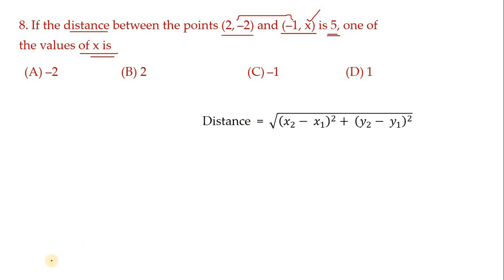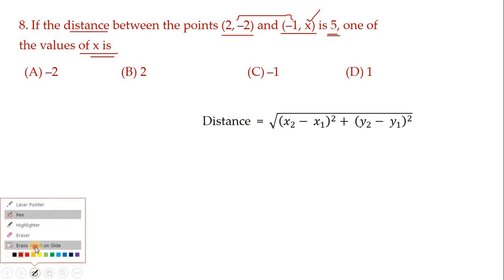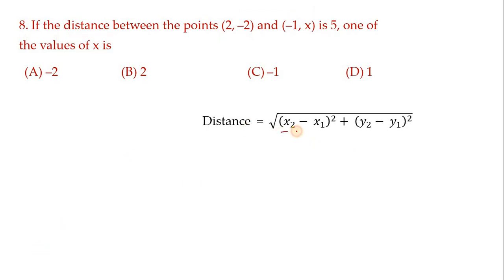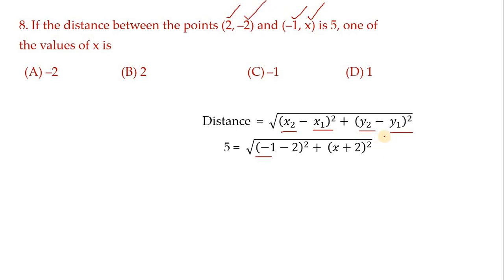Take the distance formula and substitute the values. X2 value, which one? Minus 1. X1 value is 2, and y2 value, which one? X. Y1 value is minus 2.